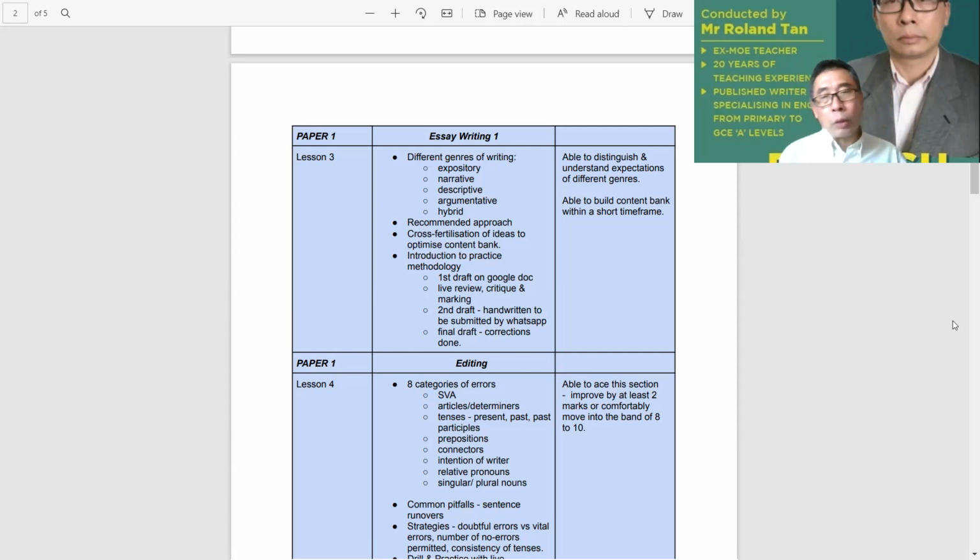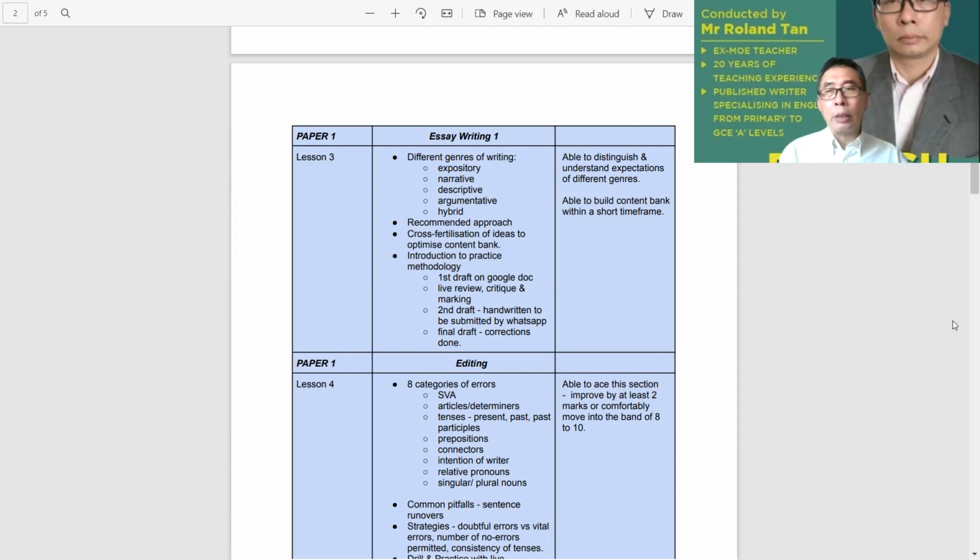And also, by the end of lesson 3, you should be able to learn how to cross-fertilize your ideas from other disciplines and apply them in your expository writing.